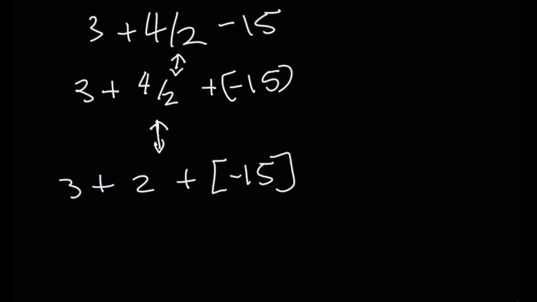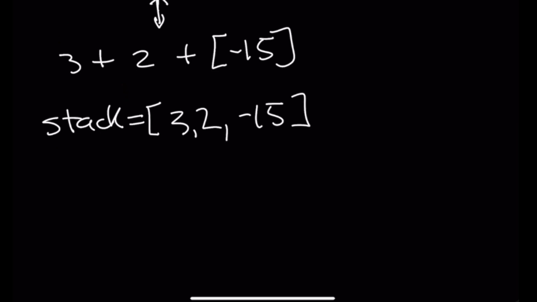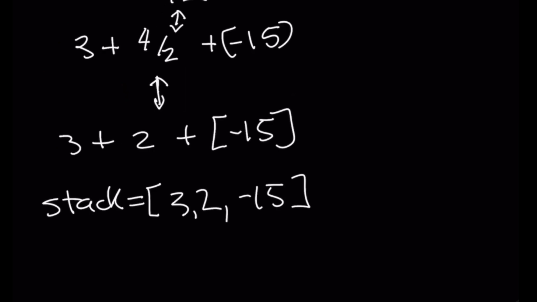Now, if we can get our stack to iterate through the string and have a final result of this, we can get the solution, right? So every value that's been added to the stack will be the values that will be added in order to get the resulting value. So how will we do this, right?